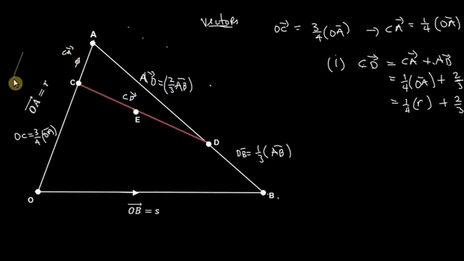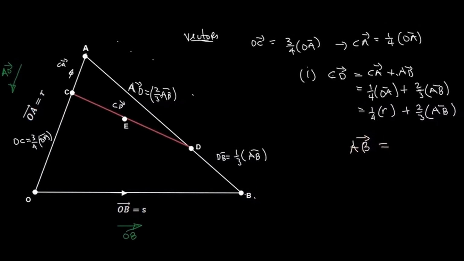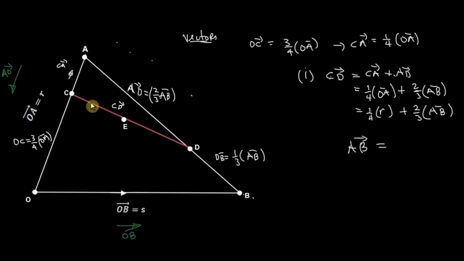I'm going to go down this way from A to O. When I get to O, I'm going to travel across to B along OB. So that's what I'm going to be doing. So AB, that's a vector I want, and I'm going to find a path to get from A to B, and I can go from A to O, and I'm going to add vectorially O to B.